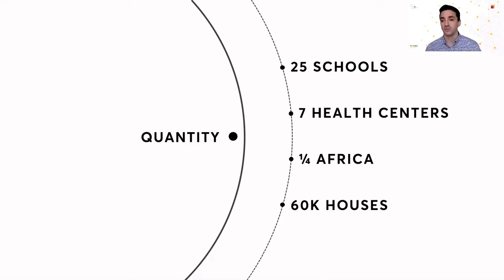There are completely different numbers going around, but according to the World Economic Forum, for the next 30 years we have to be building 25 schools a day, 7 health centers, and 60,000 houses a day in order to cope with what we call the demand. That demand is defined by certain stereotypes and so on, but that's not really the point.